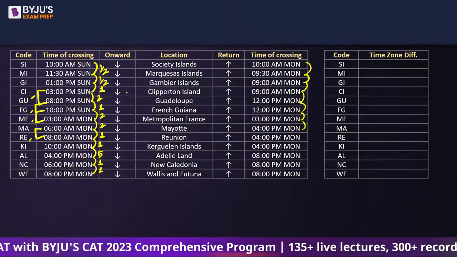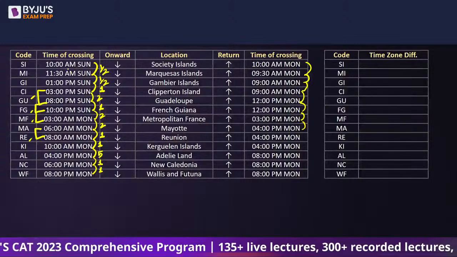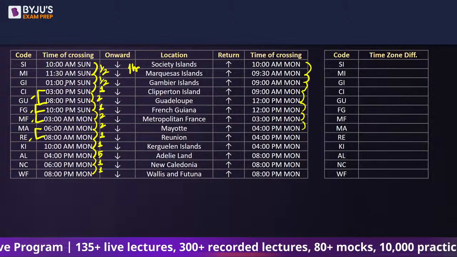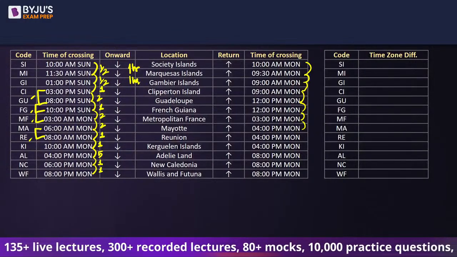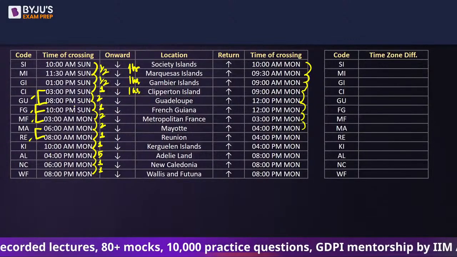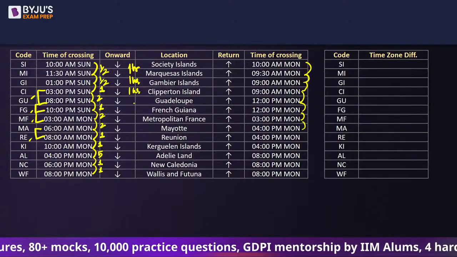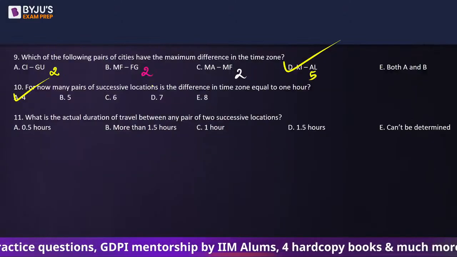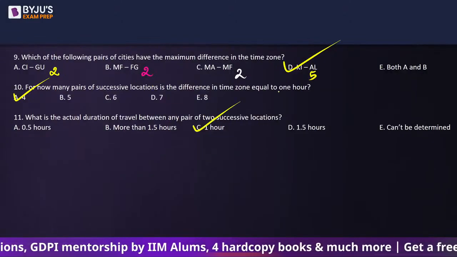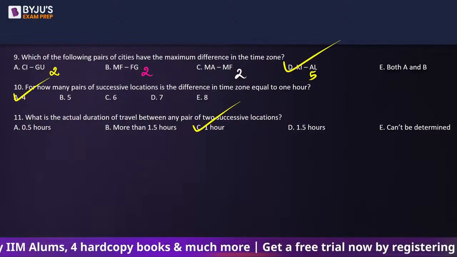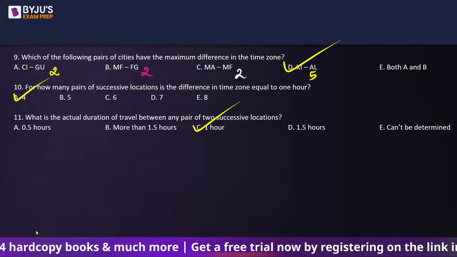Well, the travel duration can be 1 hour here. Next one is 11:30 to 1, which is again 1 hour. Then 1 to 3, that is again 1 hour. 3 to 8, this is 3 hours, right? So from the options, it should be C, because we can see 1 hour, but then we also have more than 1 hour. So what is it trying to imply here?